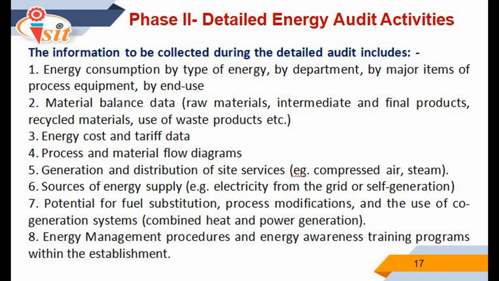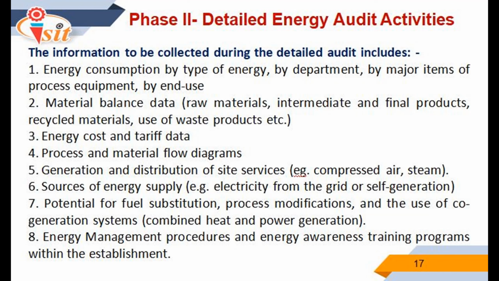The information to be collected during the detailed audit includes, first, the energy consumption by types of energy, by department or major items of process equipment. Second, material balance data related to the raw material, intermediate and final product, recycled material, use of scraps, waste products, and production of byproducts for reuse in other industry.